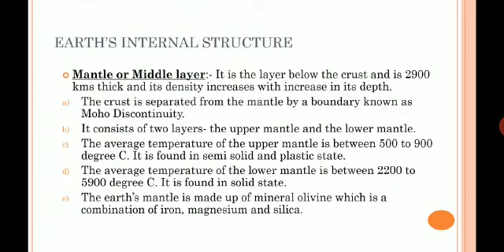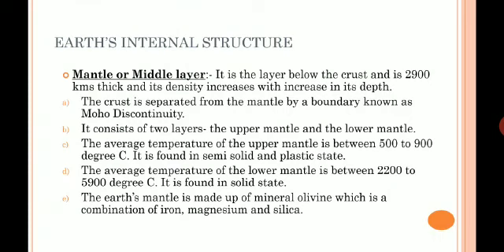It consists of two layers, the upper mantle and the lower mantle. The average temperature of the upper mantle is between 500 to 900 degrees Celsius, and it is found in a semi-solid and plastic state. The average temperature of the lower mantle is between 2200 to 5900 degrees Celsius, and it is found in solid state. The earth's mantle is made up of the mineral olivine, which is a combination of iron, magnesium, and silica.